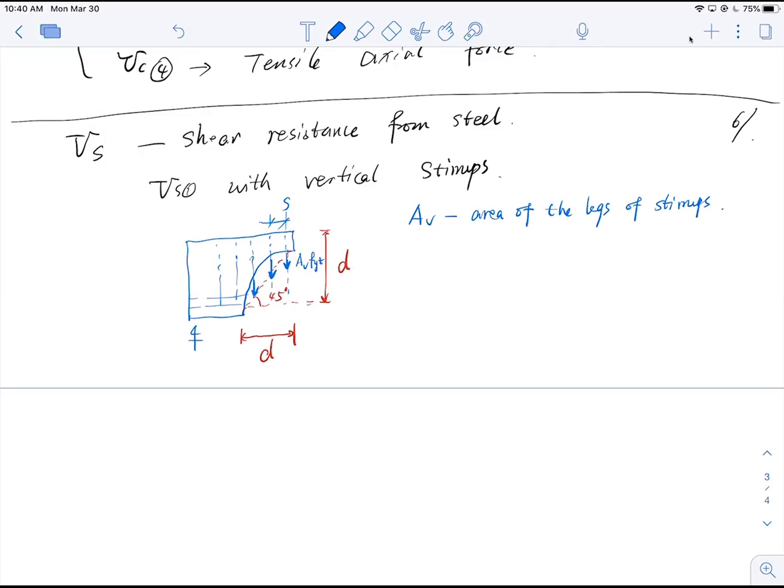Now I'm going to try to draw a 3D drawing of stirrups. Sorry, I'll try my best to draw it here. This is the stirrups if I look in 3D, and this will be my concrete.